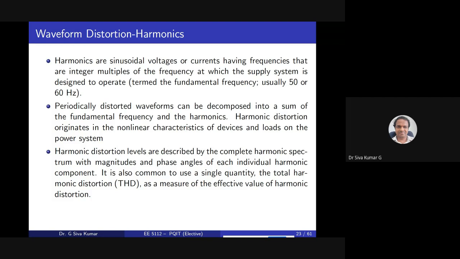This total harmonic distortion does not evaluate how much the waveform distortion is. The total harmonic distortion is going to evaluate the effective value of the harmonic content with respect to the fundamental component only. Okay, maybe in the THD, the DC component may be there also.